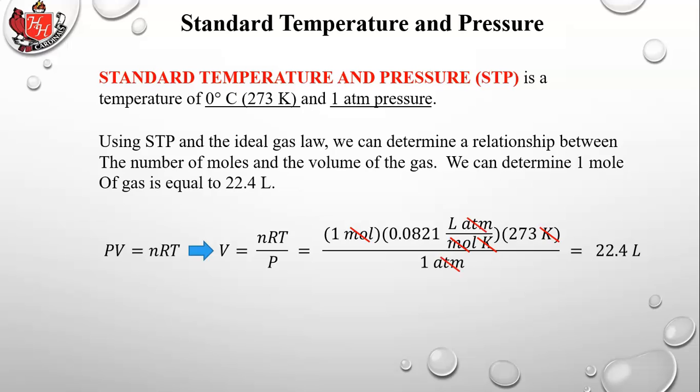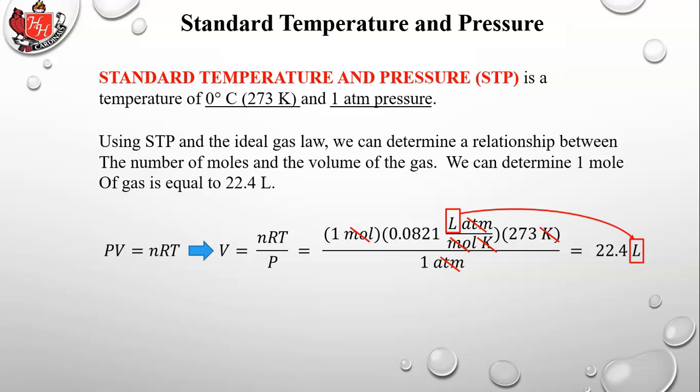Now we have atmospheres that'll cancel. You have atmospheres on the top, and then down underneath it's in the denominator. So those two cancel. Now the only unit standing is liters, and that's what we want.